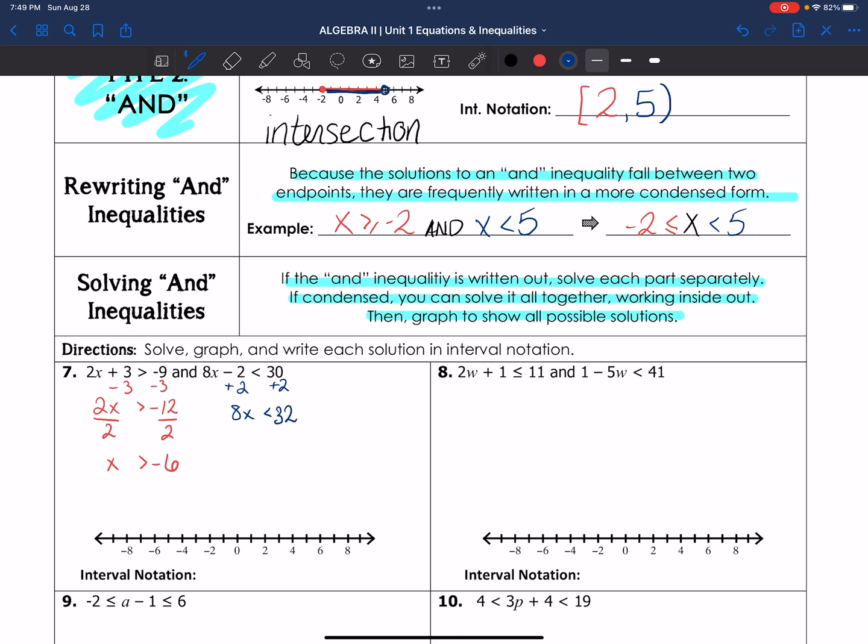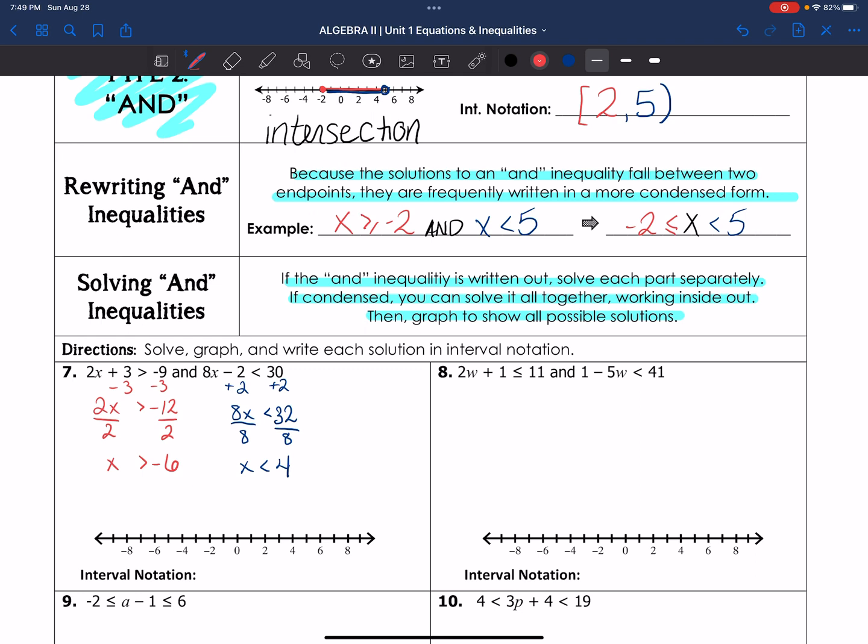And then the last step is always to try and divide by what is in front of our variable. The multiplicative inverse would be to divide by 8, and that gives us x less than 4. So ladies and gentlemen, we are looking at the region where x is greater than negative 6.